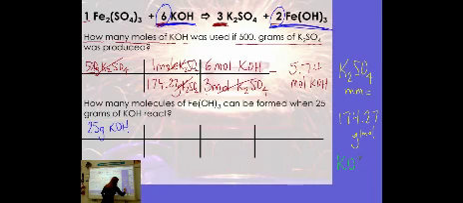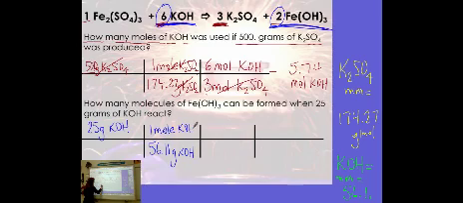KOH, if you add up the molar mass, is equal to 56.11. Grams of KOH on the top, I have to cancel with grams of KOH on the bottom. There are 56.11 grams of KOH in 1 mole of KOH.